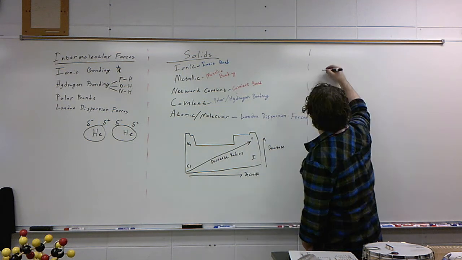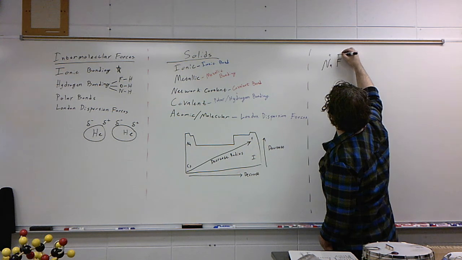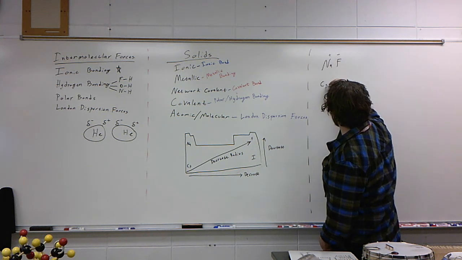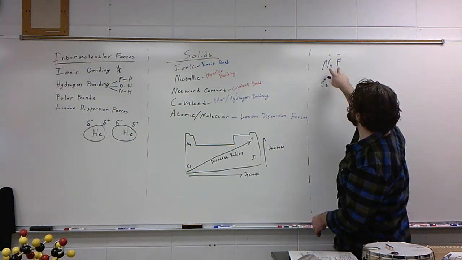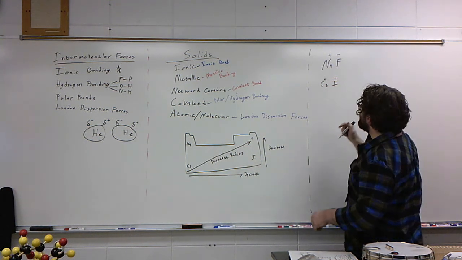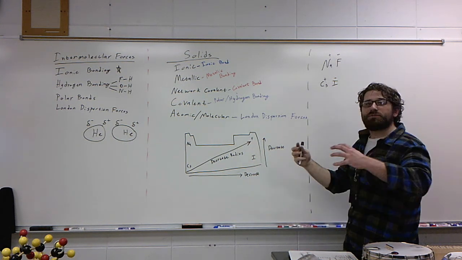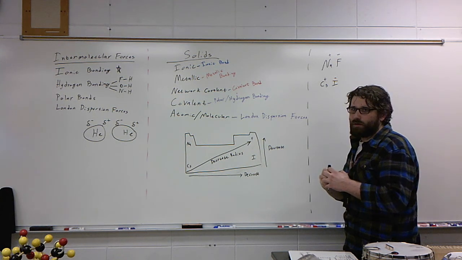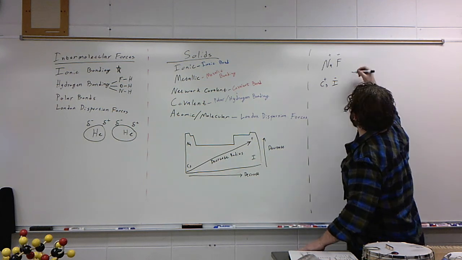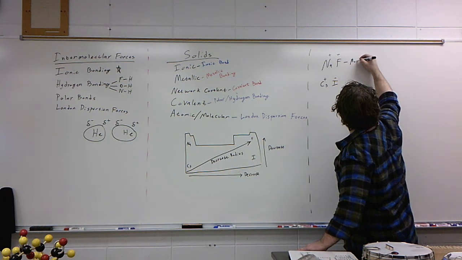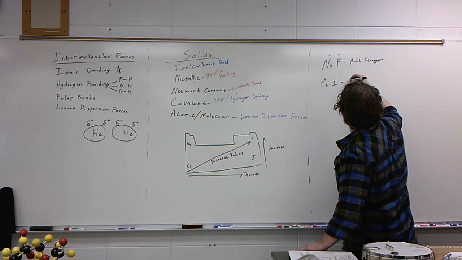So if I had something like sodium fluoride, which both have a charge of 1, versus cesium iodide, which still both have a charge of 1, because of this smaller ionic radius, the positive charge in here is going to be closer to the negative charge in here. Those atoms are able to get closer together. So there is a significantly stronger bond because of that. So this is much stronger. This is much weaker.